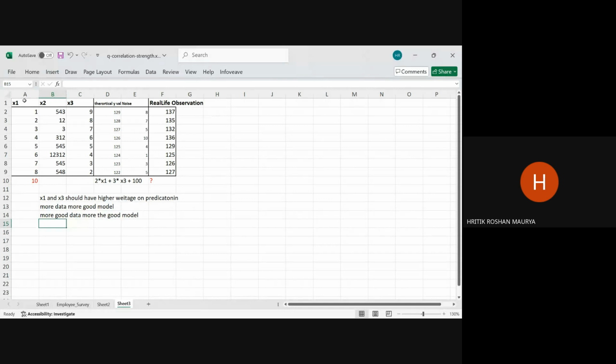So suppose I take both of these and perform the regression and calculate the slopes. Slope by x1, slope by x2, and slope by x3, and then we will calculate the intercept, and then we will calculate the prediction.